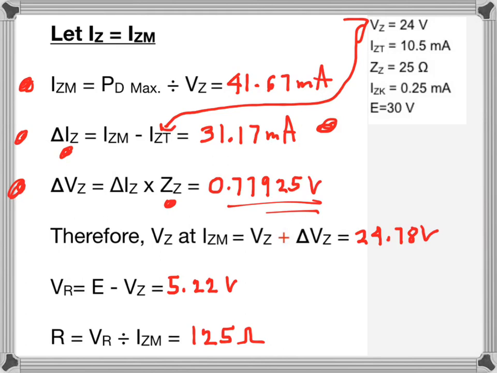The change in the Zener voltage is equal to the change in the Zener current times ZZ, 0.77925. Go back to the Zener curve. You'll see because of the slope of the line, because we're increasing the current from IZM to IZT, we're going to add the delta VZ. So this is going to be 24.78.